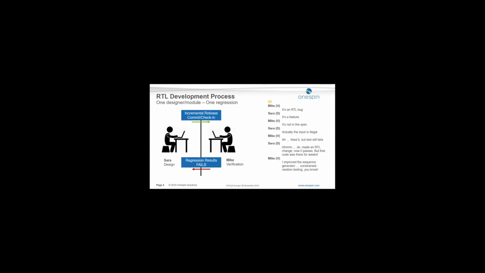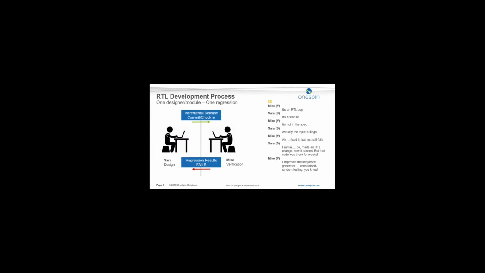So if we look at the RTL development process, this is one scenario where you can have a designer, let's call her Sarah, and the verification engineer, Mike. So any reference to the organizer is just by chance. Maybe Sarah is lucky enough to have a nice high quality test bench with a verification plan built for her module. And when she hands over the code, some good quality regression is run by Mike, or maybe even a couple of verification guys.